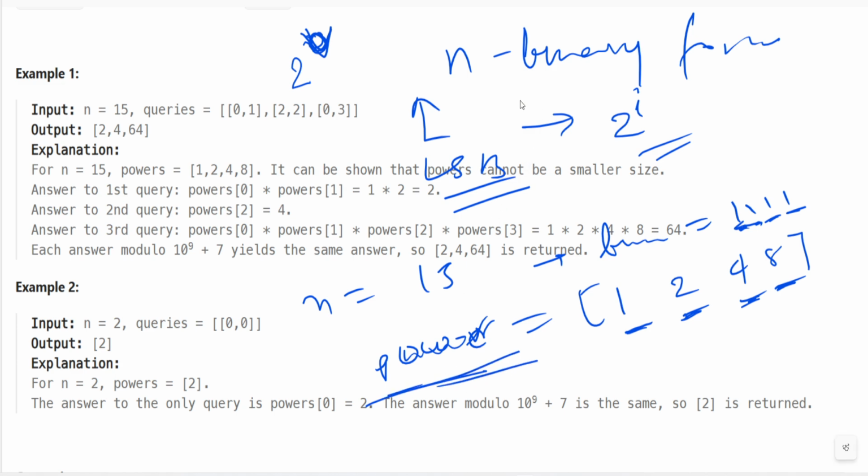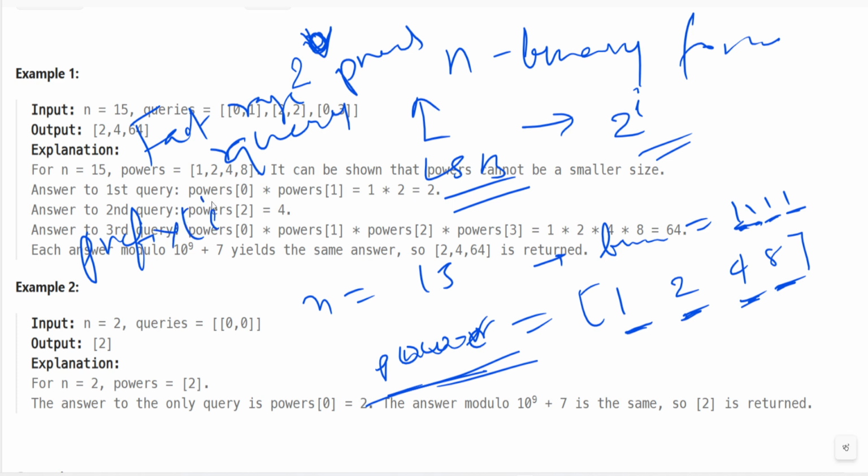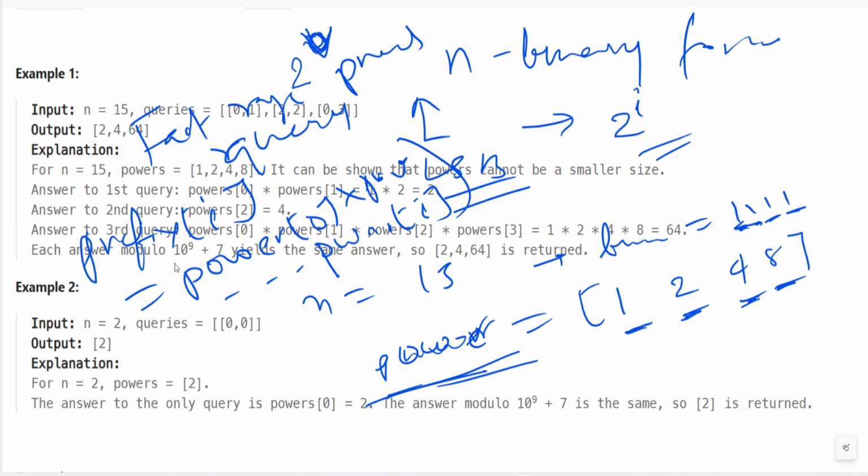I hope you understand. Now you will ask, how do we get the fast range product query? You just need the prefix at i. You multiply power at 0, then power at 1, and so on till power at i. If it is a big number, you take the mod.